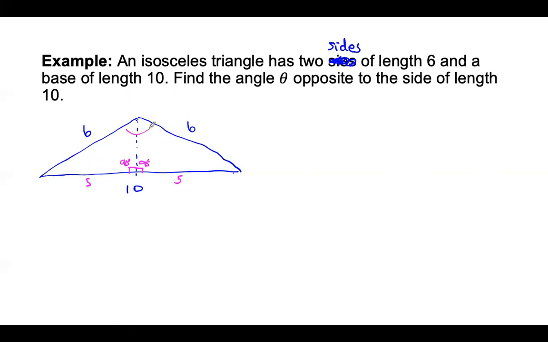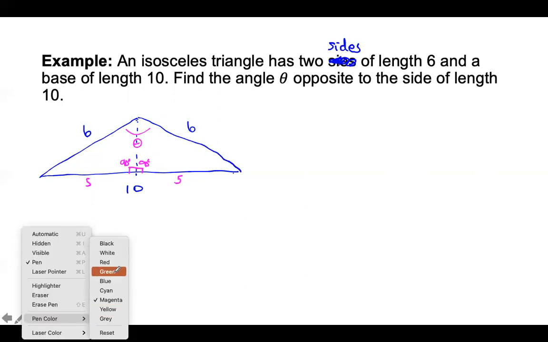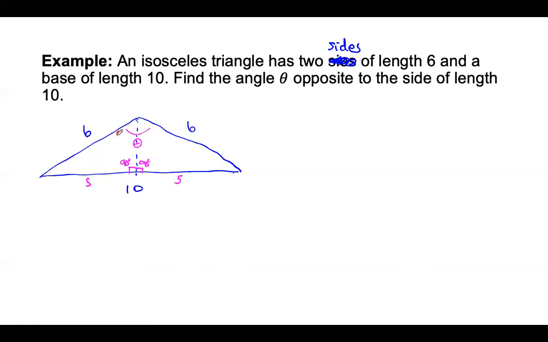So this angle is our theta. So these little angles in the triangle would be, therefore, theta divided by 2 and theta divided by 2.